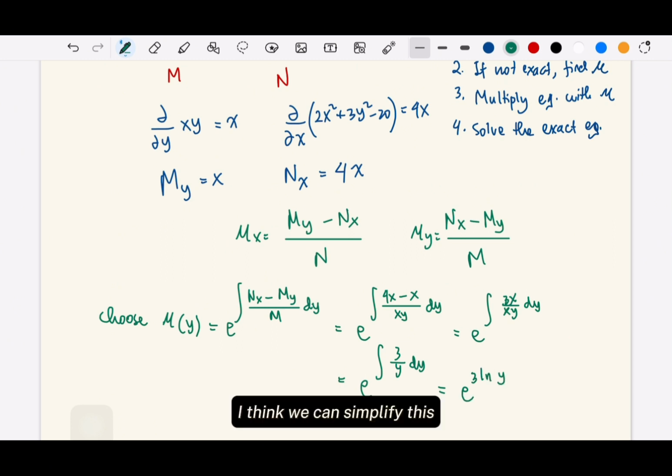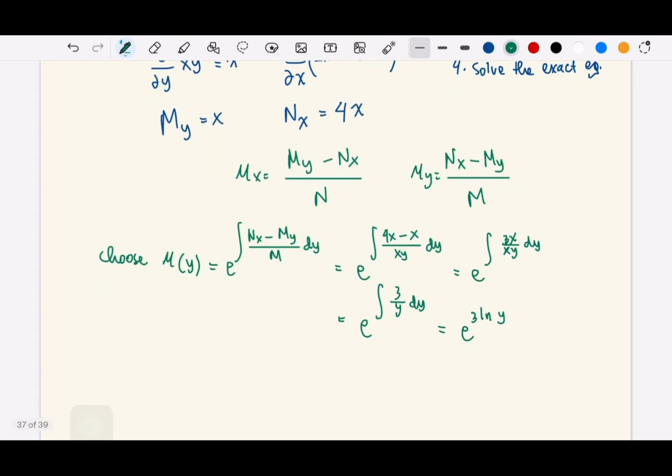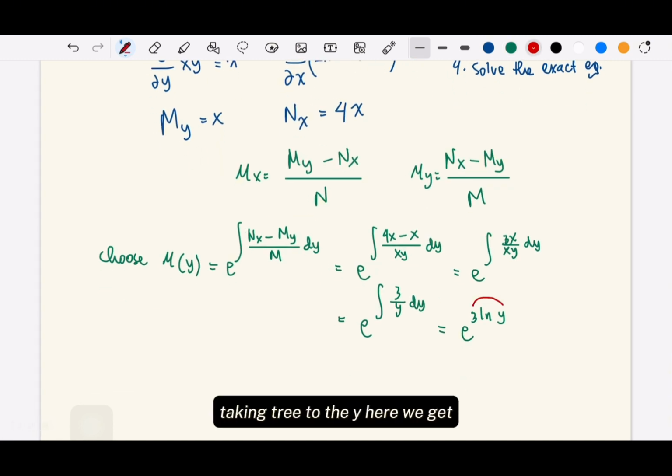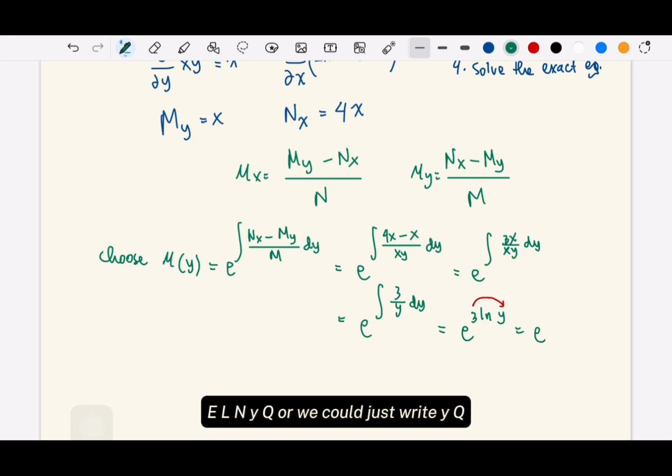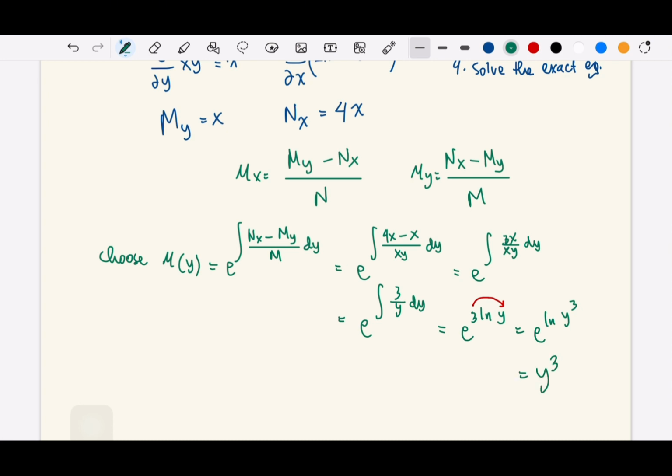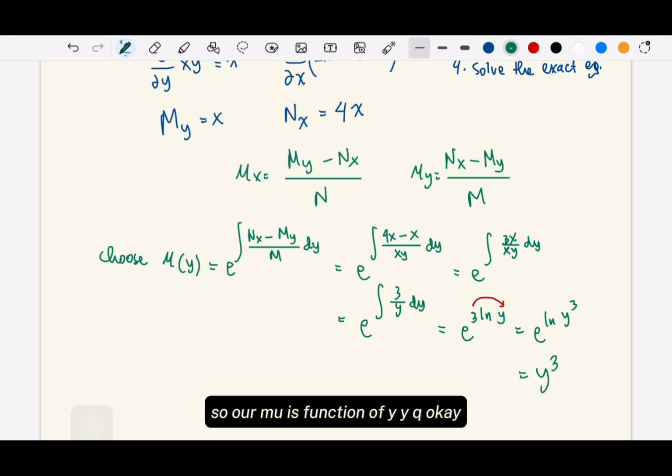I think we can simplify this. Taking the 3 to the y here, we get e to the ln y cubed, or we could just write y cubed. So our mu is a function of y cubed, okay?